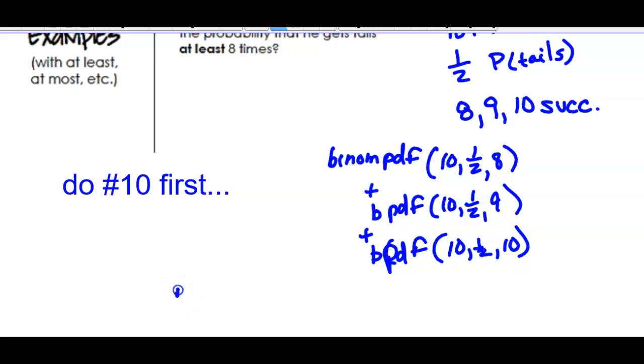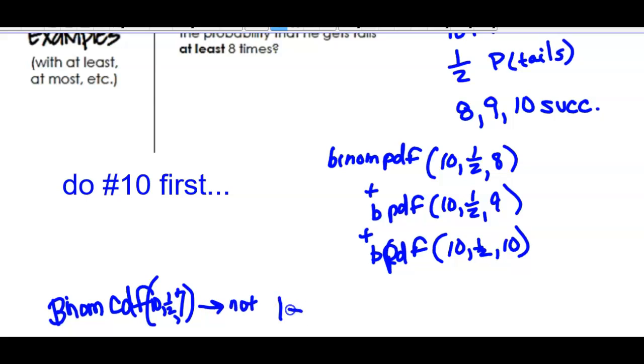You could say, I want to add up all the way to 7. I want the combined probability of 10, 1/2, 7, and that's the probability of it not happening. So then you would do 1 minus that.